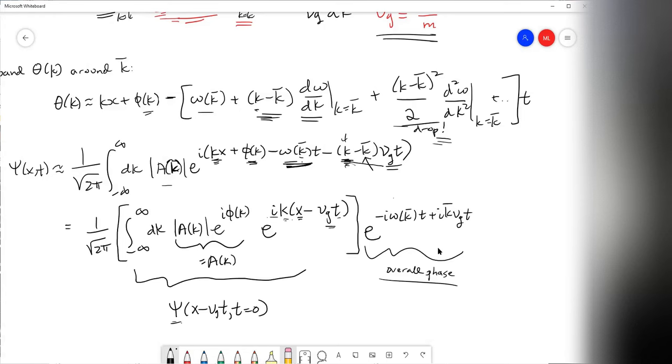So this is your initial condition, shifted by v_g t. All this is saying is that your wave function in the stationary phase approximation doesn't change shape. It stays shaped just like the initial wave function, except the whole thing just shifts by v_g t, and it moves in the right direction.